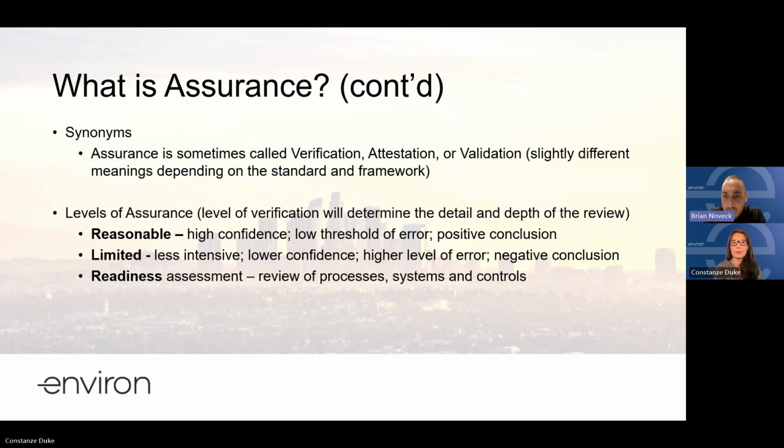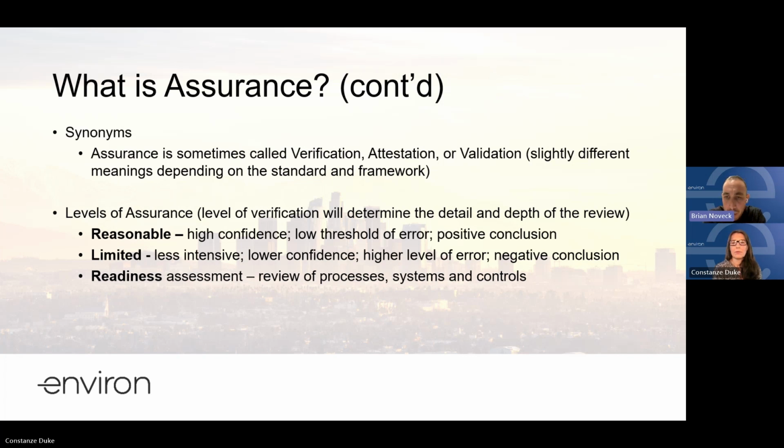Another aspect of assurance is the assurance level. There are two primary levels, reasonable and limited. They vary in terms of the depth of testing, reasonable being more rigorous, and also in the level of evidence that's required from the reporting organization, limited being less so.